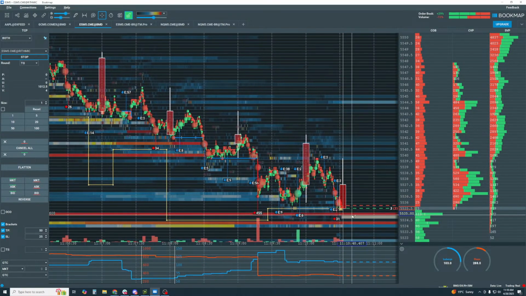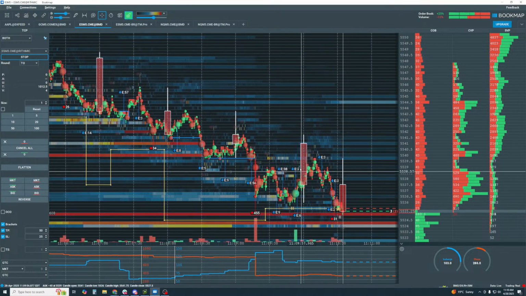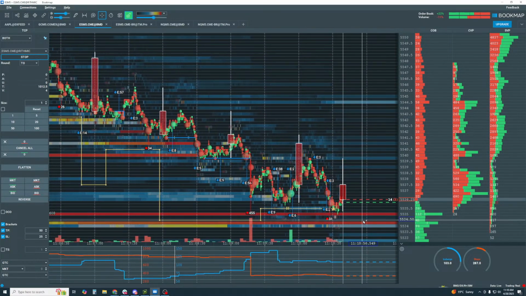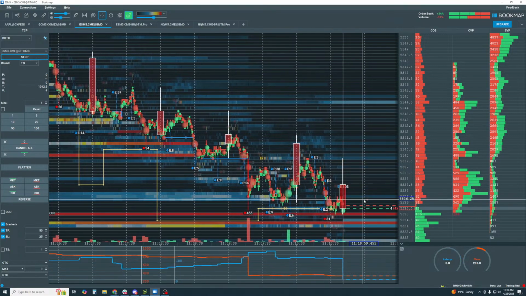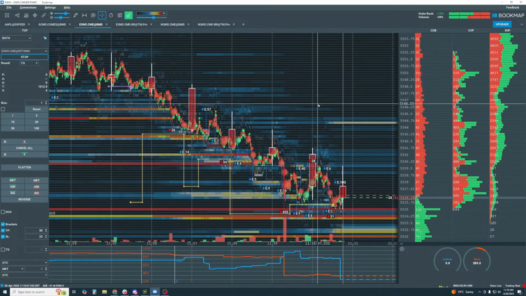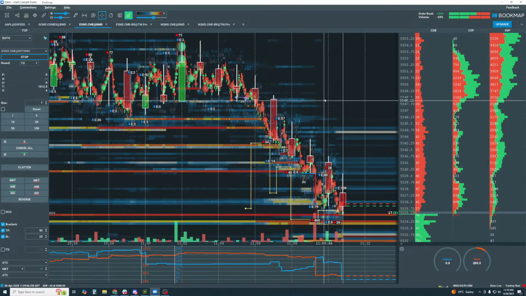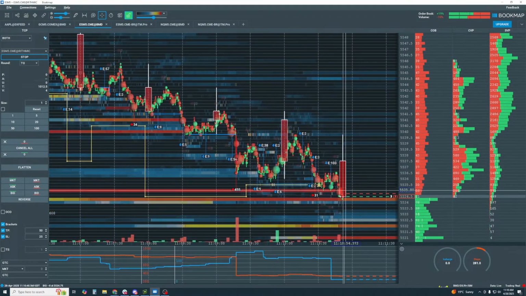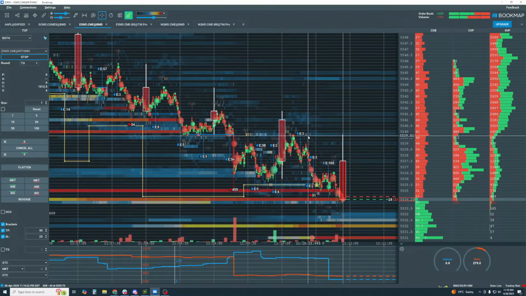Okay, so we're just filled. That liquidity though is not filled at 35 yet, or 34 and a quarter. Okay, now it's filled.